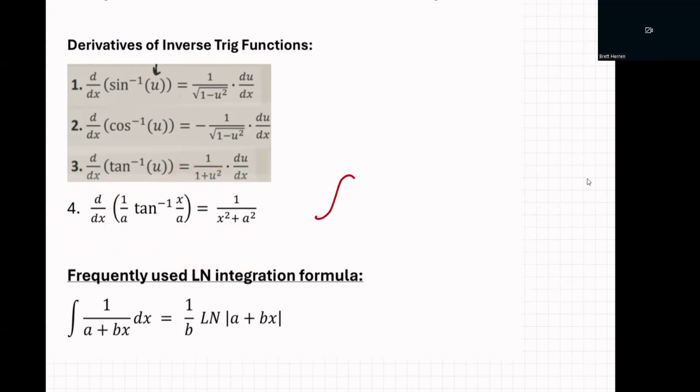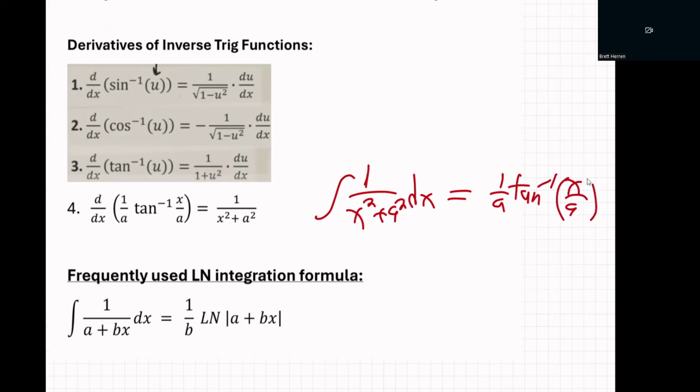It's saying the integral of 1 over x squared plus a squared dx must equal 1 over a inverse tangent of x over a, right? Because if the derivative of this is that, then the integral goes back. Derivative, integral are opposites.